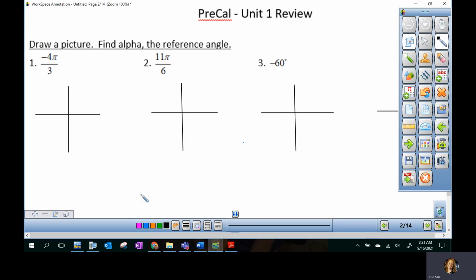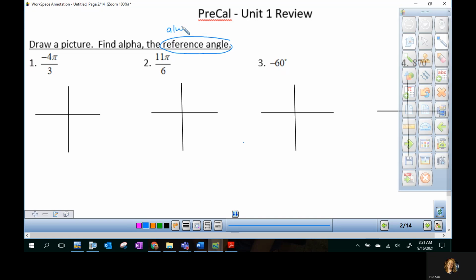What do we know about all reference angles? They're always positive, and there was something else we learned about them. They're always between what and what? Between 0 and 90.